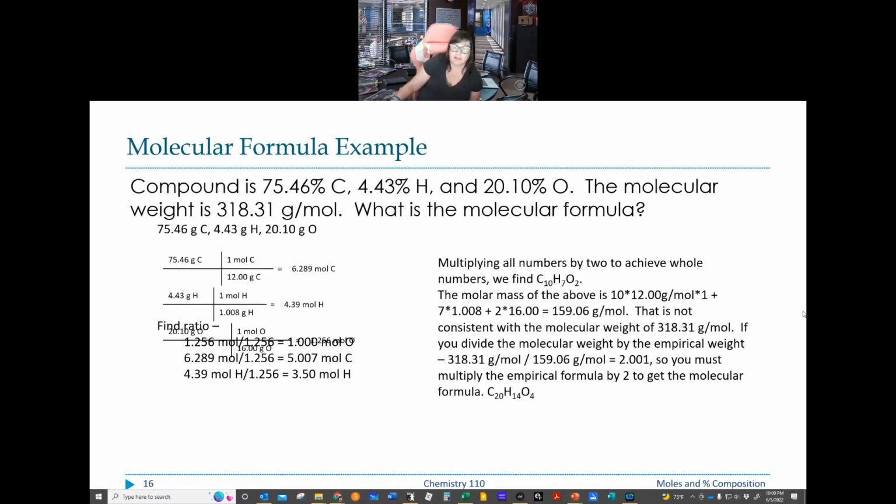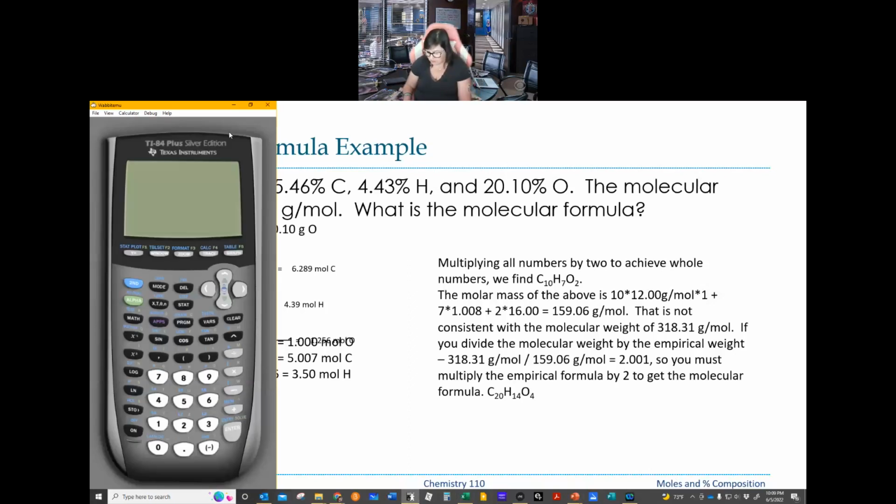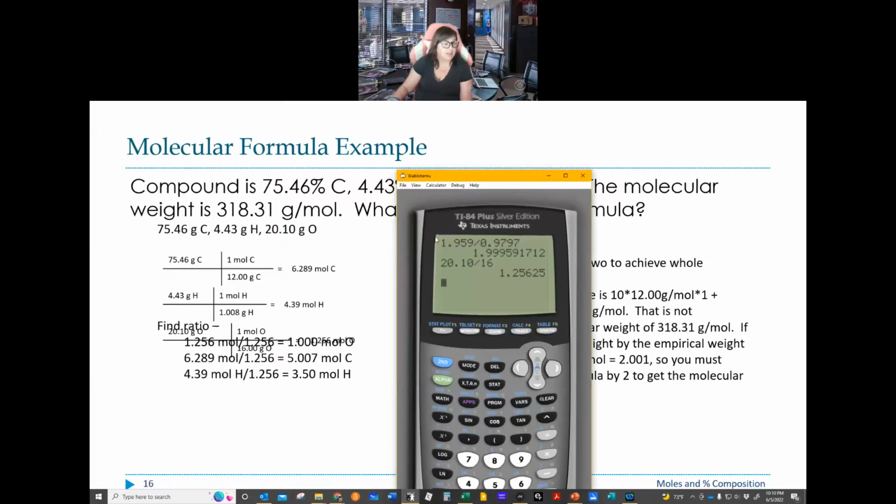Give me a second. I know what I'm doing. 20.10 divided by 16 gives me 1.25625. 1.256 is what I reported there.